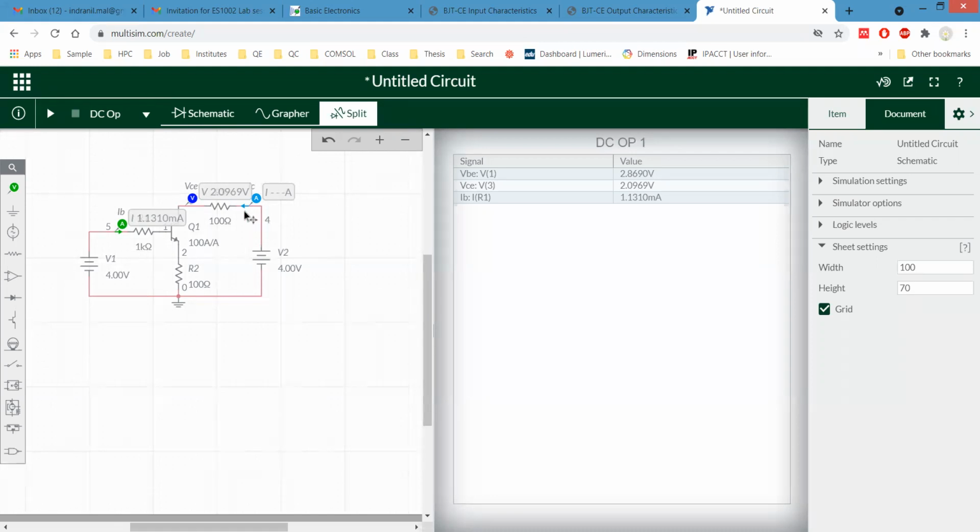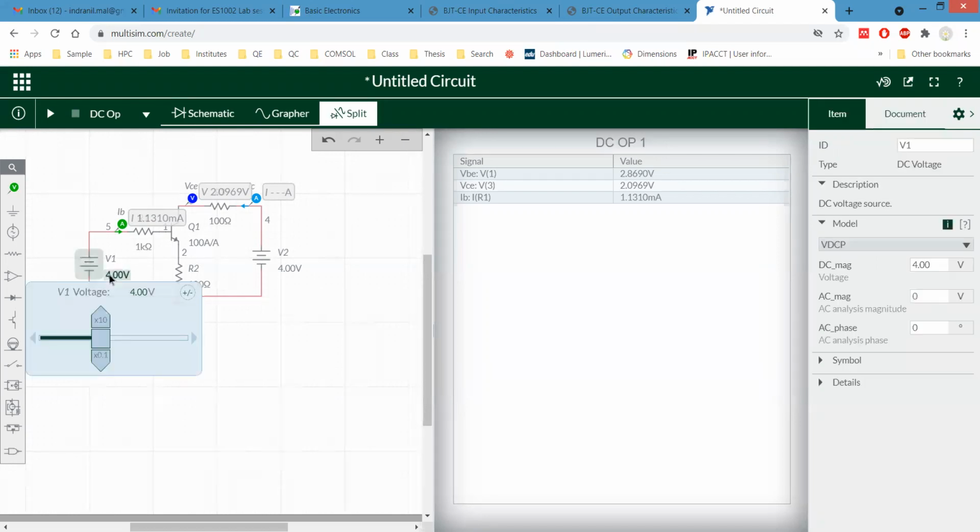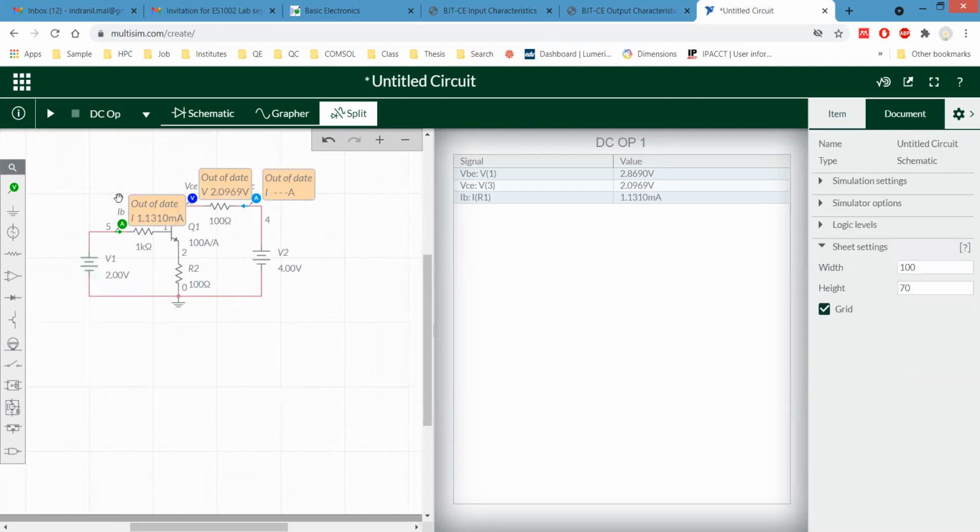As you can see, IB is in this direction and IC is in this direction. So we have to take several sets of data for different IB values. Now let me check what the IB value is. Okay, we can have 2 volt as the base emitter junction voltage. So this is 2 volt. Now let me check what the IB value is.